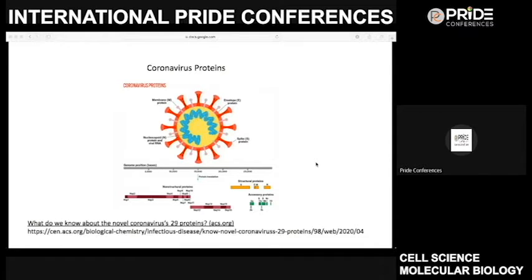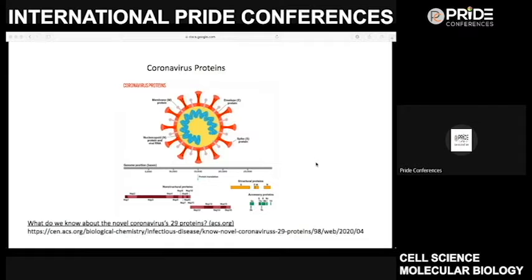They include important proteins directing the coronavirus RNA synthesis process.